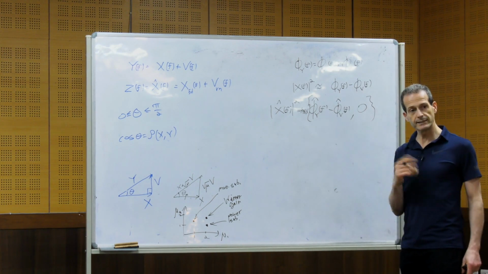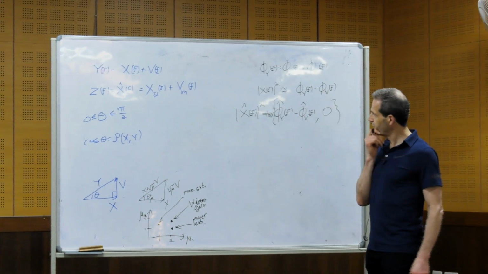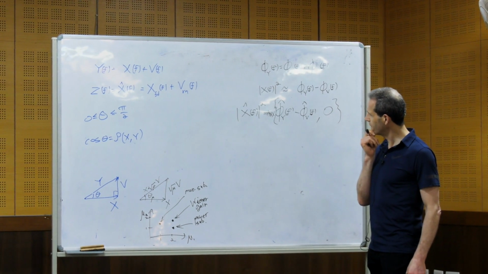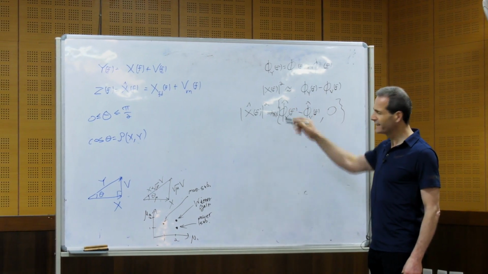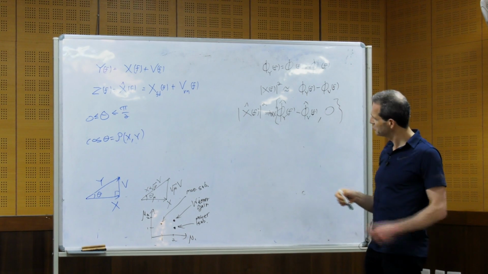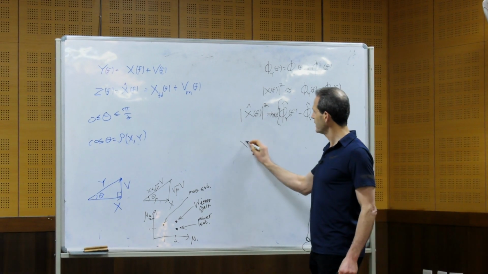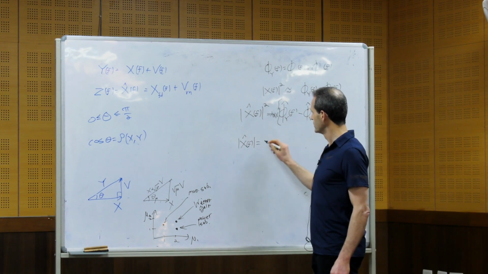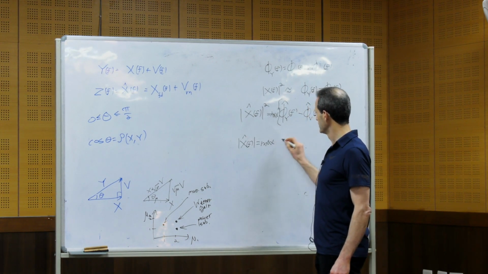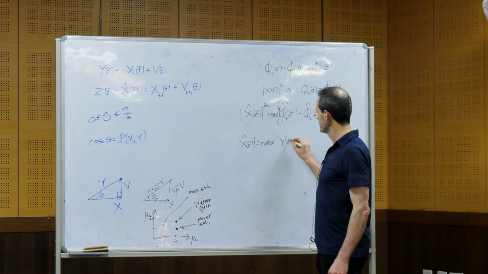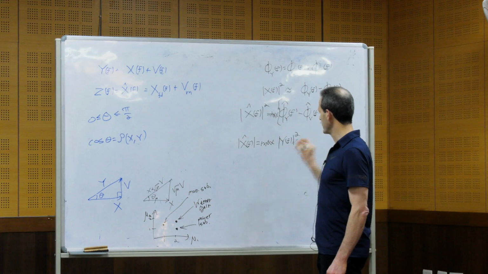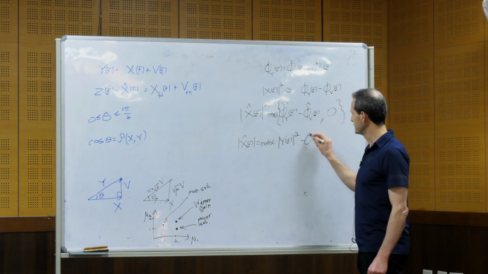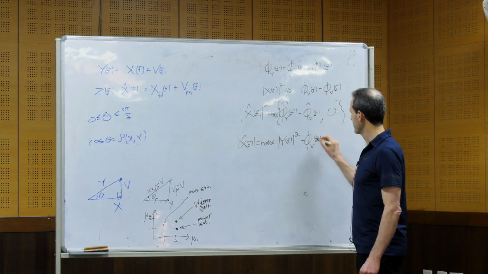Okay, how do I continue? So I can say, you know what? An estimate of this can be like this. So I will write |x̂_f|squared equals max of |y_f| squared minus phi_v,f hat.